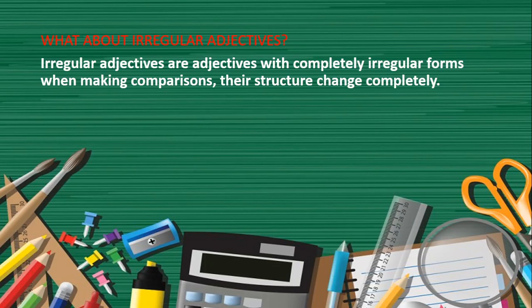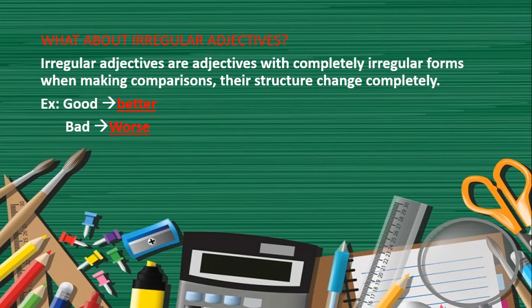When we're making comparisons, the structure of those adjectives changes completely. So in this case, for example, I have good. Good is an irregular adjective because the comparative form of good is better.